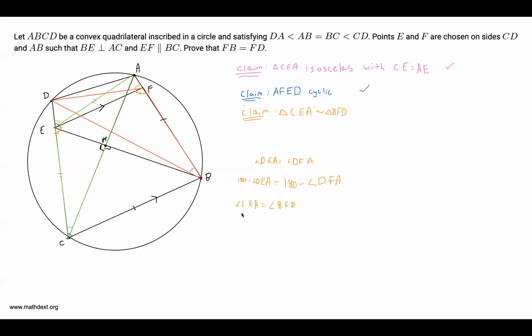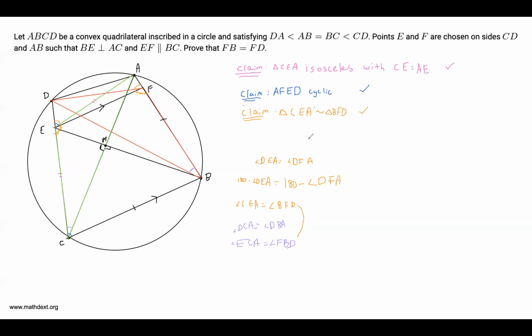So I can write that out as angle DCA equals angle DBA. Or we could write this as angle ECA is equal to angle FBD. And now we have these two angle equalities. Since these two angles are equal and these two angles are equal, this similarity is actually true.